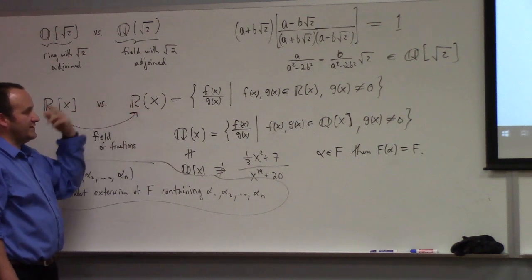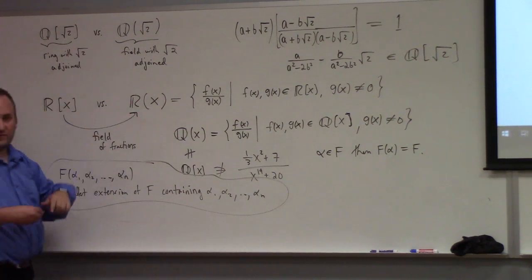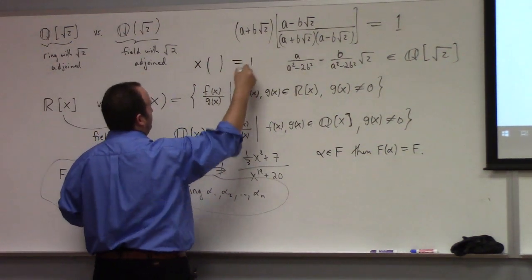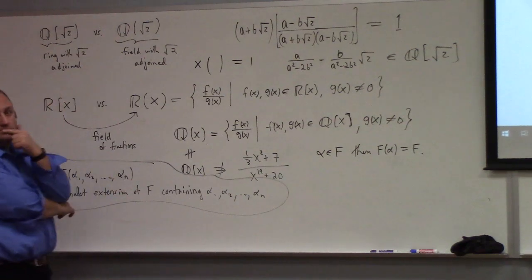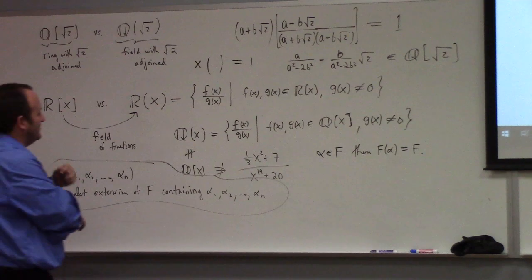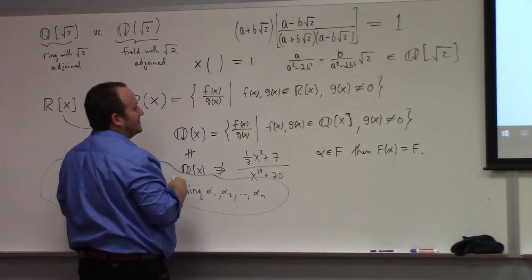What's the inverse of X in R adjoint X? X times what equals 1 in here? Yeah, I mean, what f of x and what g of x makes this be 1?